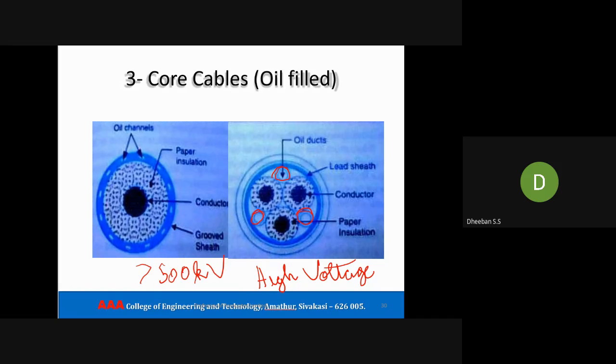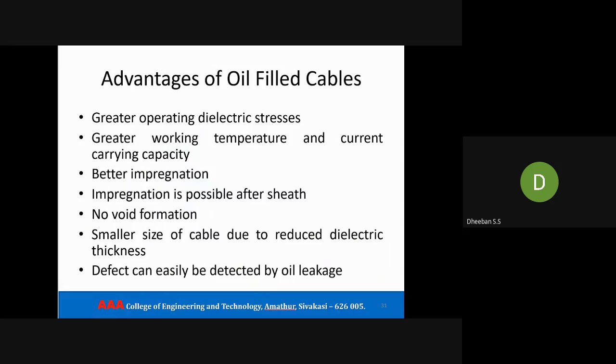The advantages are that the greater operating dielectric stress will be minimized, and there is greater working temperature. Here no void is able to form as it is tightly packed.